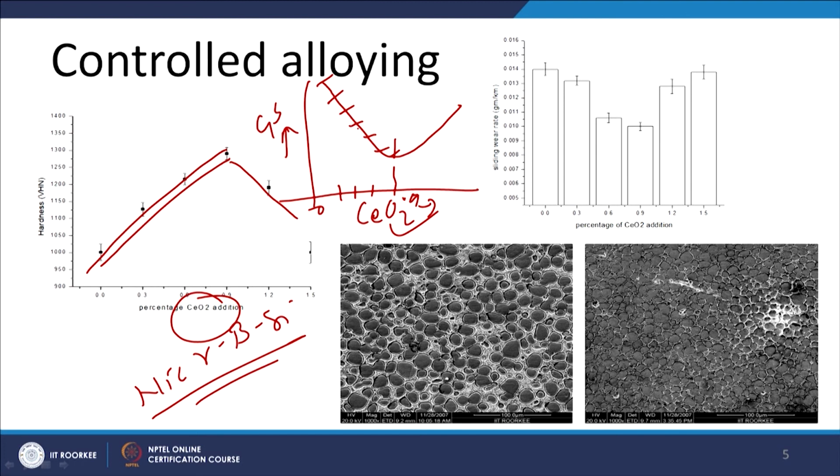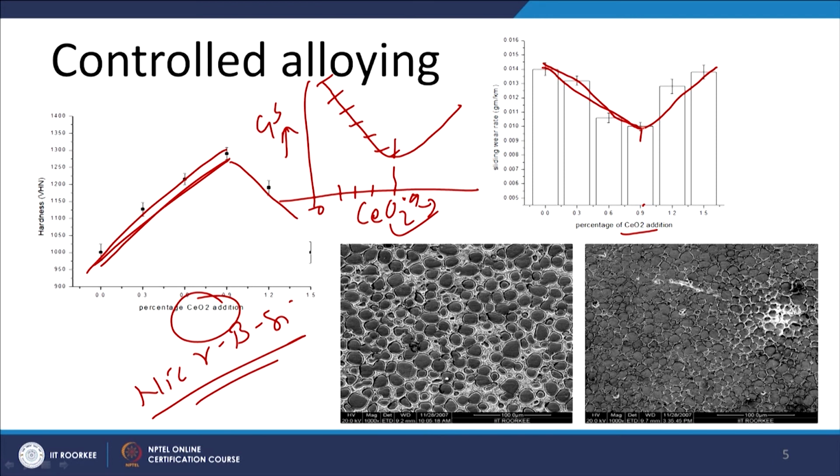These values are consistent with the grain size. If we see the abrasive wear resistance of these coatings, as the hardness increases, the wear decreases, which is reflected in the reduction in the wear rate. This reduction can be observed up to 0.9% addition of ceria, and thereafter further addition of ceria does not help much to reduce the wear rate.